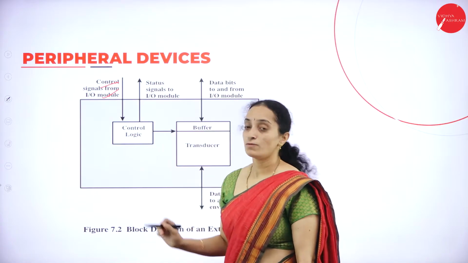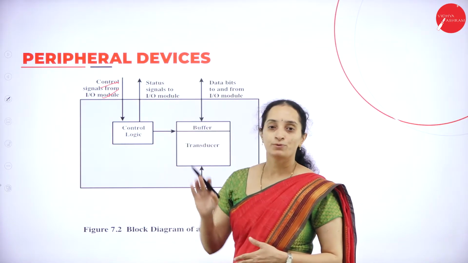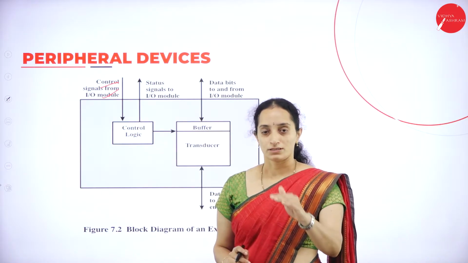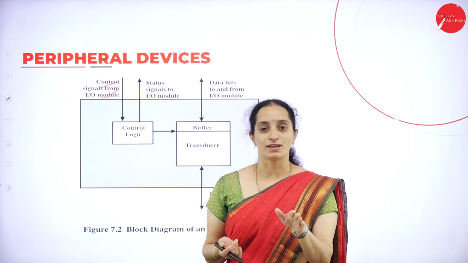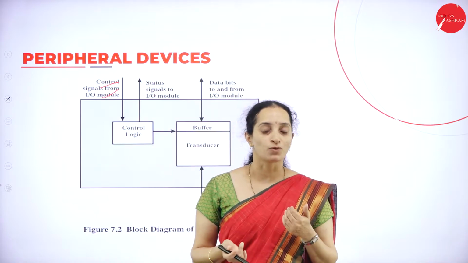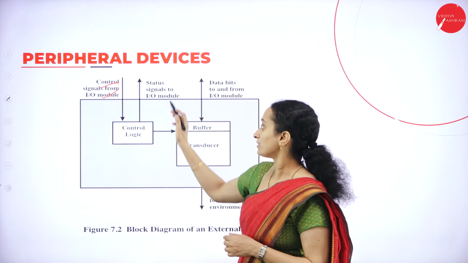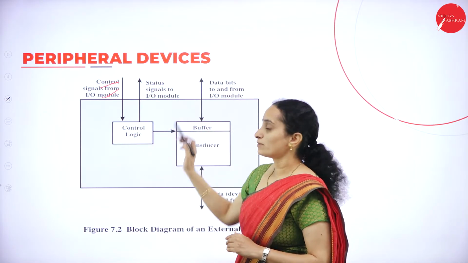Like if the addition operation is happening in the ALU, the input-output machine will be indicated that when it is moved from memory to ALU, memory will be free. Now the input device will be notified that you can send some more data, the memory is free. That instruction or the status signal will be given by the input-output module.